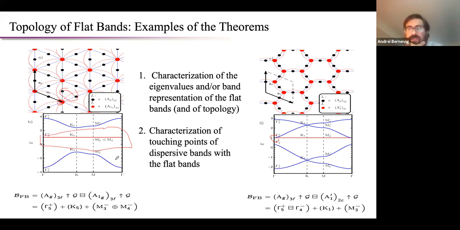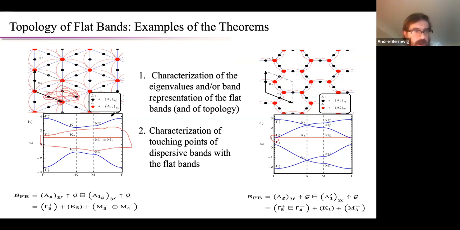And how do we find out its representations at high symmetry points? Well, these are S orbitals at what's called the 3f Wyckoff position, and these are the S orbitals at the 1a Wyckoff position. So these are these ones, and then you can just leave it, like these three, for example.